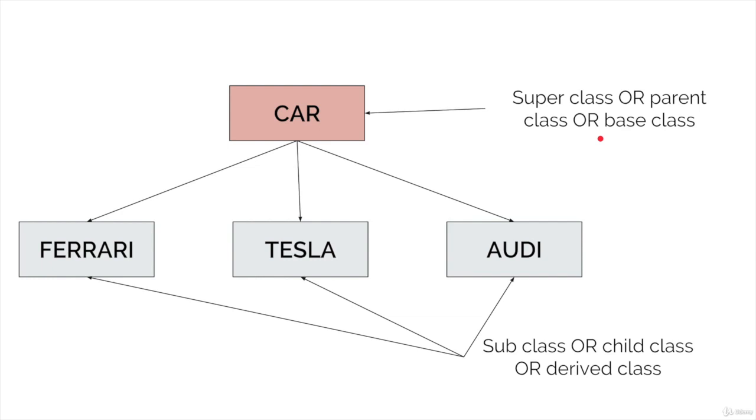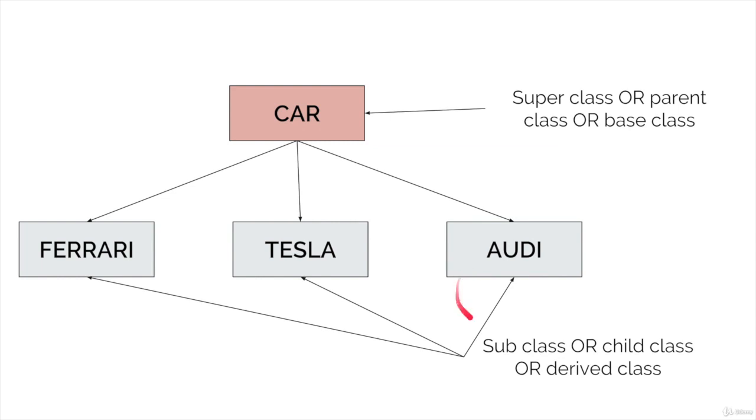Let me explain the different terminologies that everyone uses in Java to call parent and child classes. The car class is also known as the superclass, parent class, or base class, because this is the class that is getting extended by different classes.